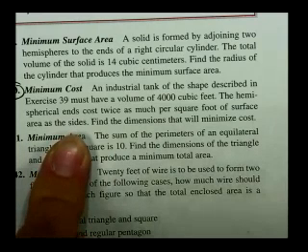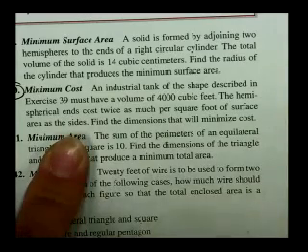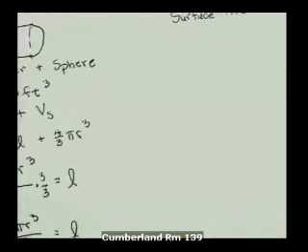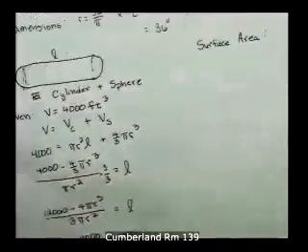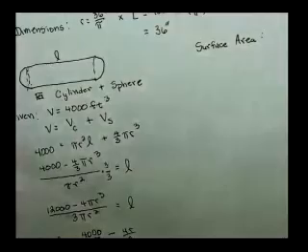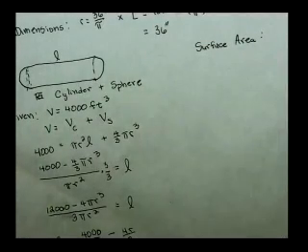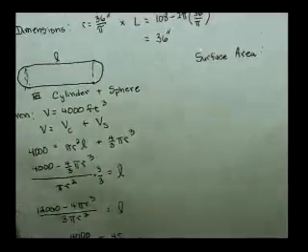Before we can come up with a formula for cost, what are we going to have to come up with a formula for? Surface area. All right, so we're going to have a surface area formula for this tank. Well, the surface area is going to depend on the same two things that the volume depended on: the radius and the length of the tank.